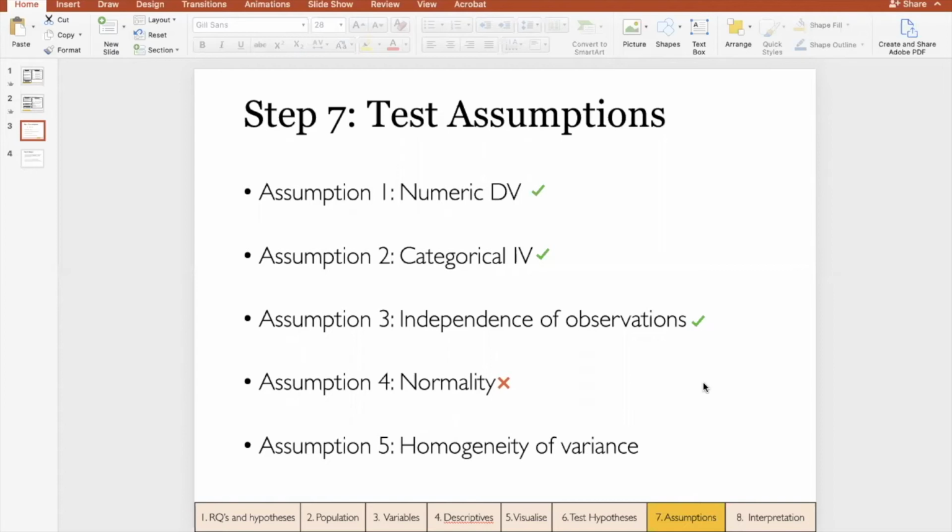Now, we've already visually looked at this. We know that the standard deviation in sperm count for 7 soy looks to be different compared to the others. Now, there are 2 ways to confirm that. There's either Bartlett's test or Levene's, and I'll show you how we can do both of those today. So I'll hold off on deciding whether we violated that assumption or not until we actually test it.